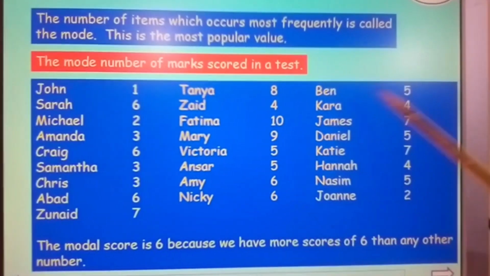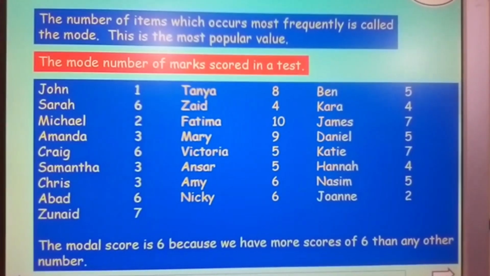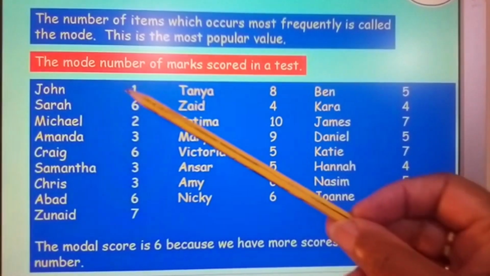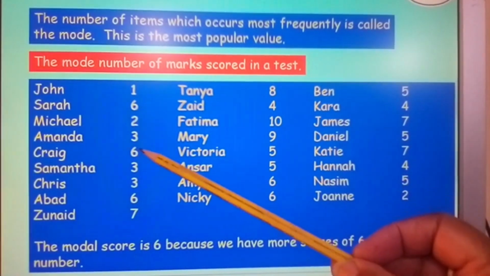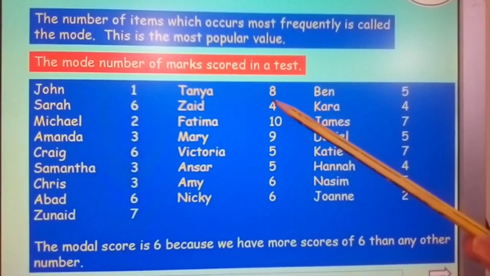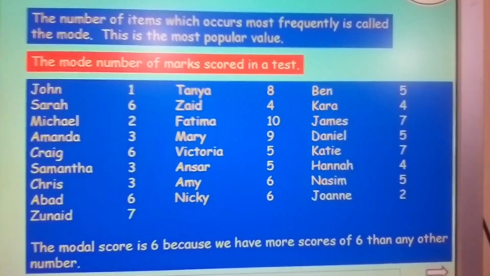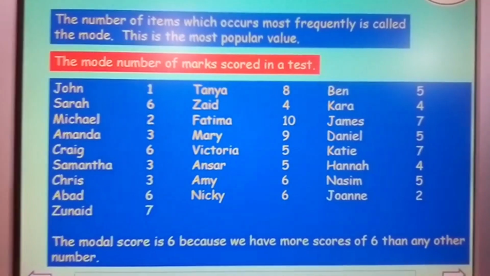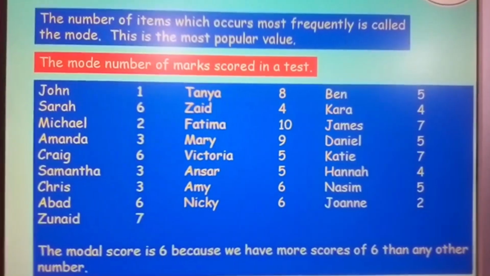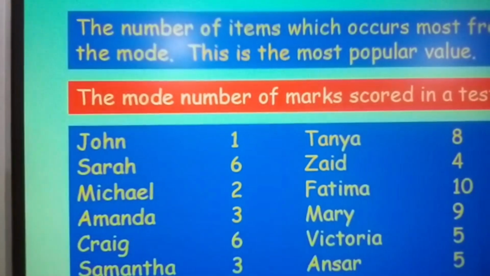Tanya scored those marks, Ben, and so on. Now the modal score is 6 because we have more scores of 6 than any other number. And let me show you that we're looking at averages, mode.